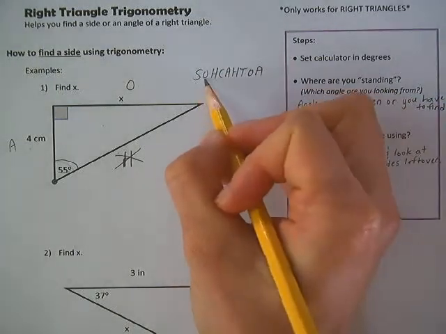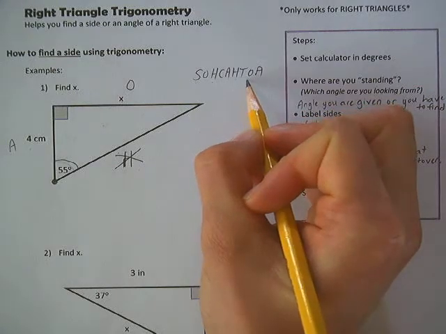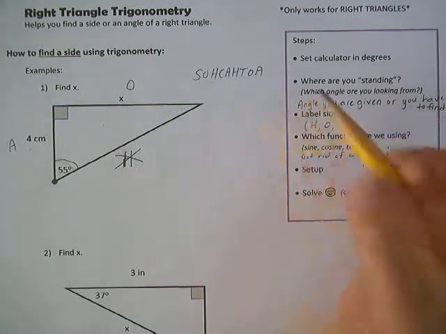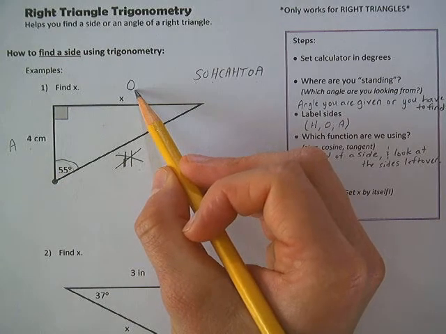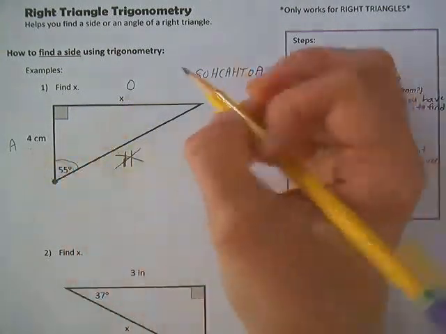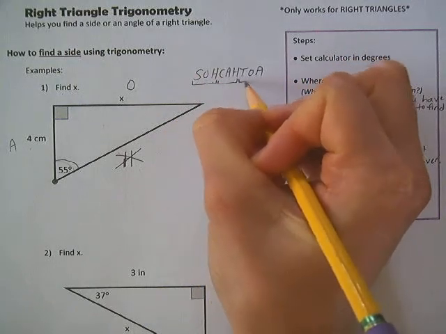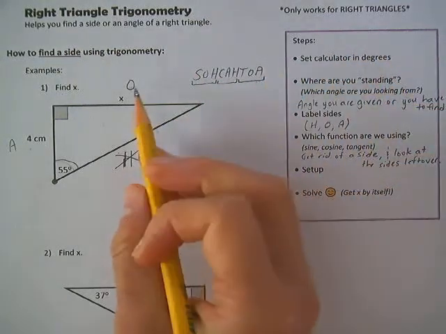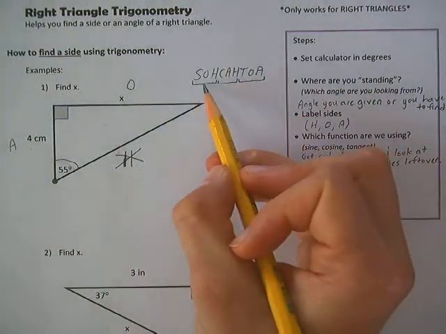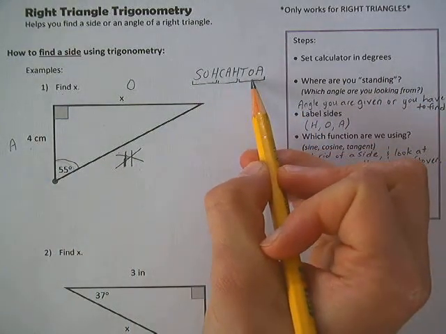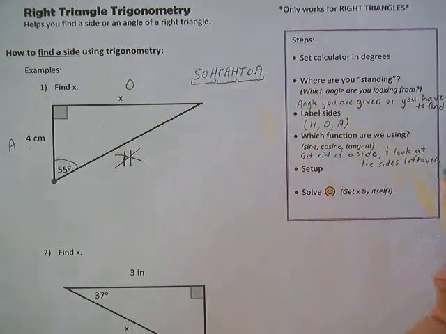So like sine is opposite over hypotenuse, cosine is adjacent over hypotenuse, and tangent is opposite over adjacent. All right. And so looking at the sides that we did not cross out, we are left with opposite and adjacent. So think about these three functions and look at which one deals with both opposite and adjacent. If you look, that one, which is the tangent function, deals with both opposite and adjacent.